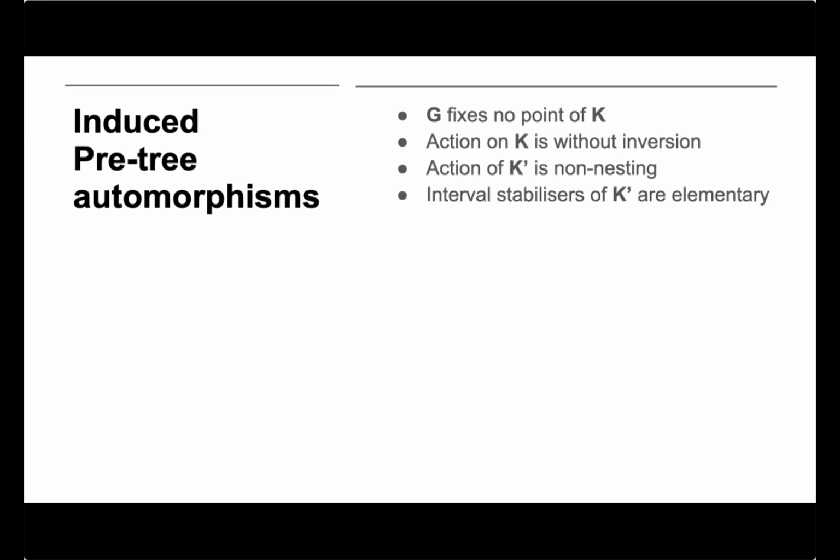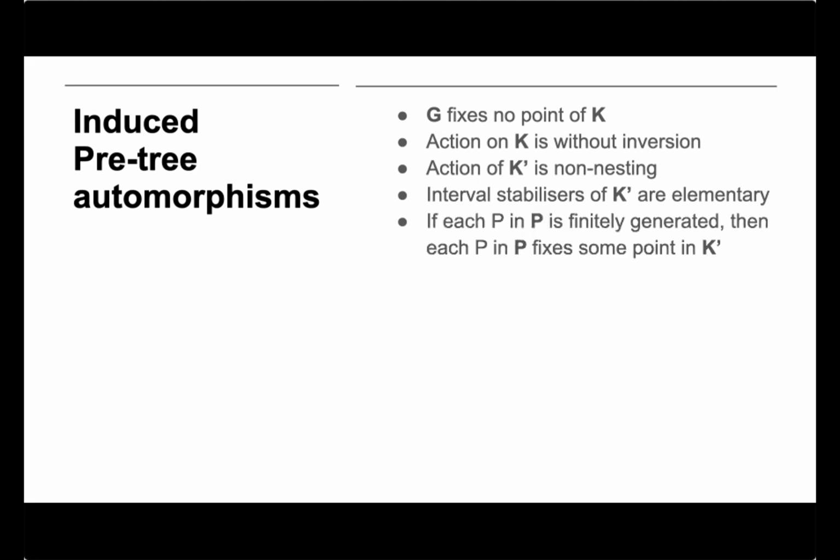The interval stabilizers of this interior are elementary, as viewed as a subgroup of the convergence group. And if each of the peripheral subgroups of the relatively hyperbolic group pair is finitely generated, then each of those peripheral subgroups will fix points in the interior.